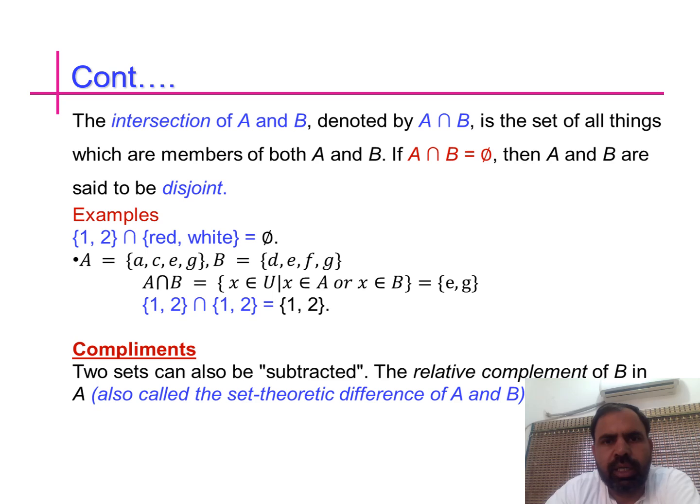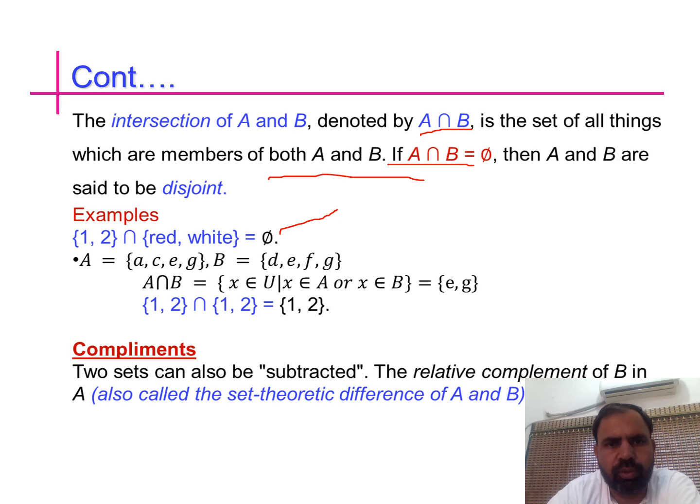The intersection of A and B, denoted by A intersection B, is the set of all things which are members of both A and B. If A intersection B is empty, then A and B are said to be disjoint. They are totally different. If even one element from A and B is common, then A intersection B is not equal to the empty set. For example, {1, 2} intersection {red, white} is empty. The empty set shows there is no common thing in both the sets.